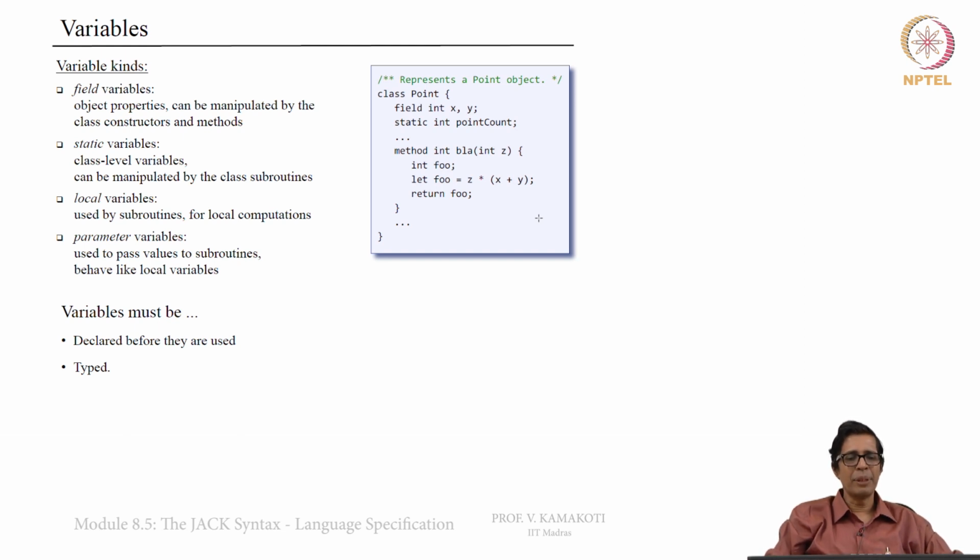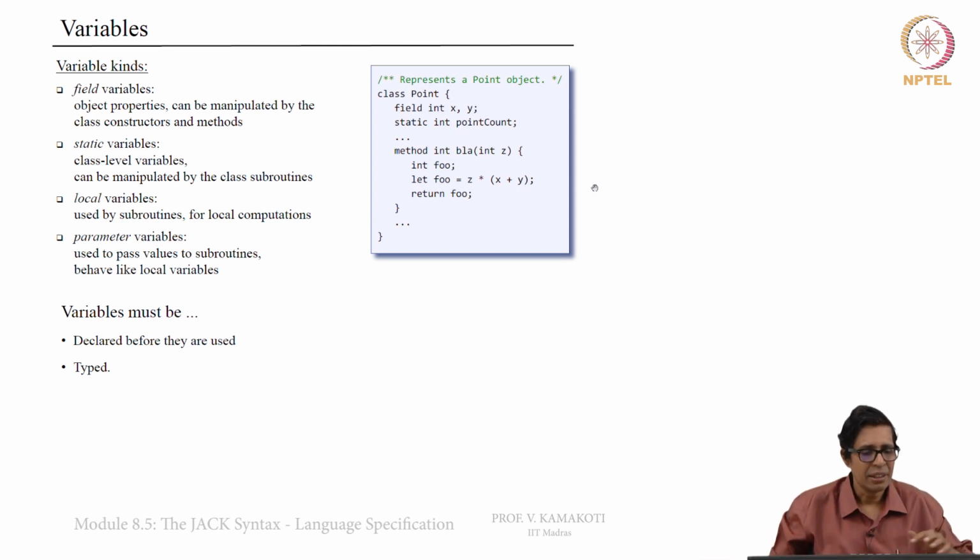So, this is what we mean by a static int point count, right. So, we have been talking about static variables and where those variables originate. These are the ways by which they originate, right.